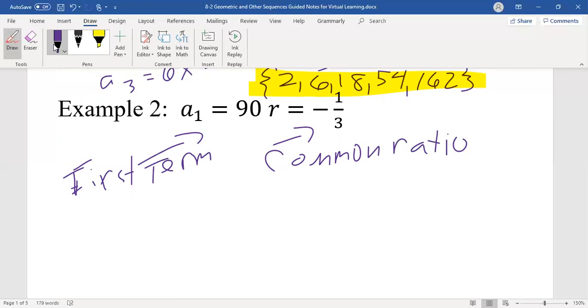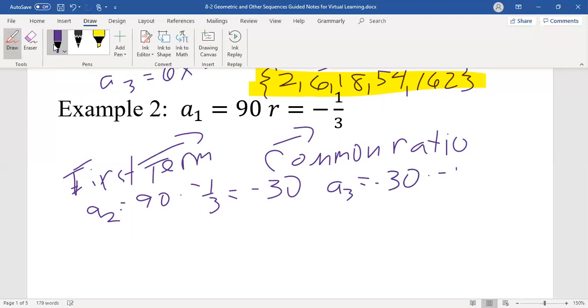To get A2, it'll be 90 times -1/3, which should be -30. To get A3, we do -30 times -1/3, a negative times a negative is a positive, so that'll be 10.